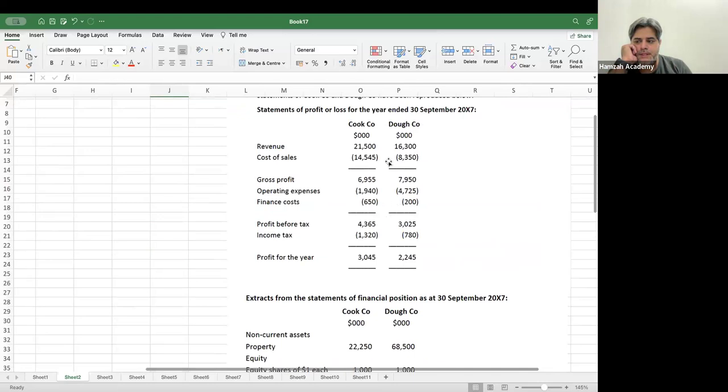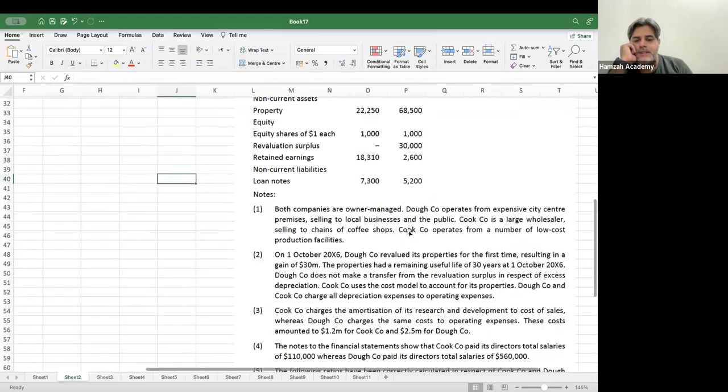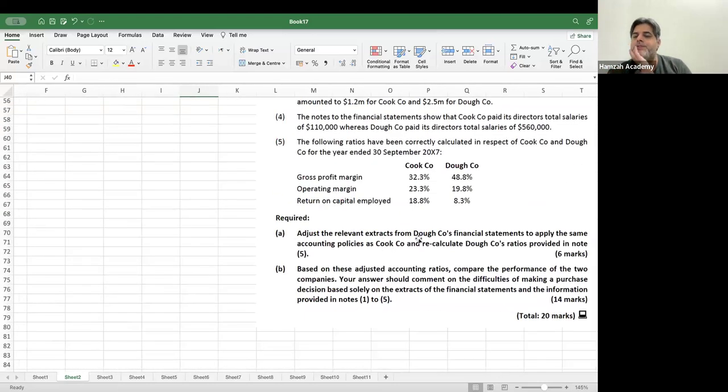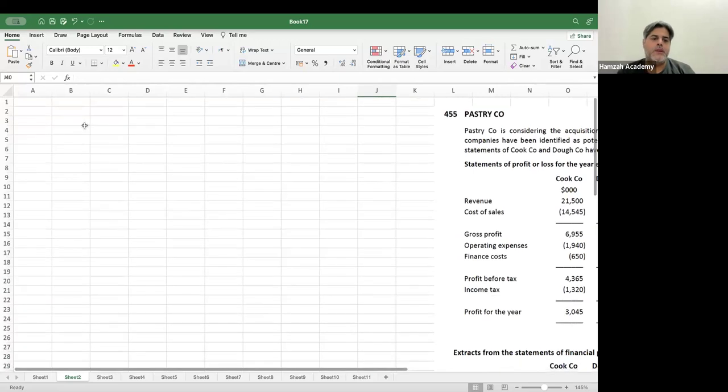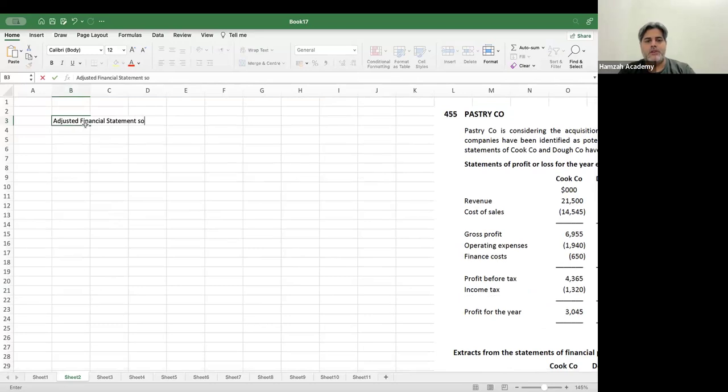If I go over here, these are the results of the Dow company. Basically, the requirement is to adjust the relevant extracts from the Dow financial statements to apply the same accounting policies as Cook. So what we are going to do is write the adjusted financial statements of Dow company for the year ended 30th September 20x7.